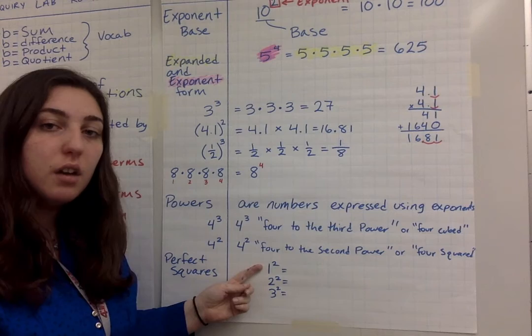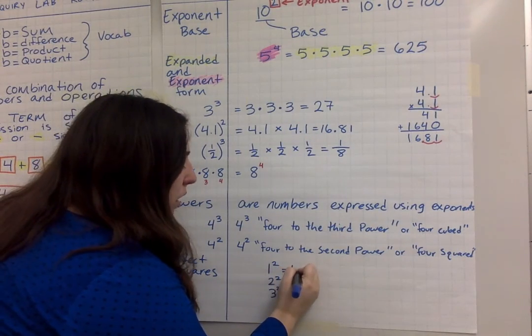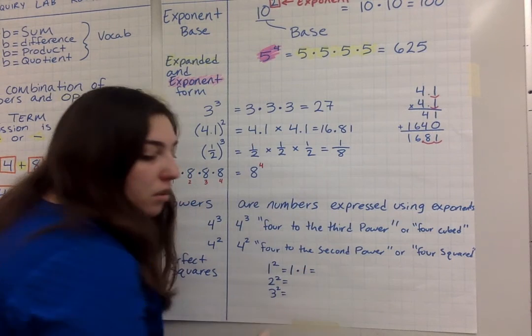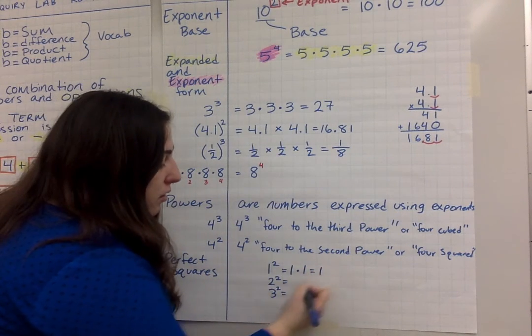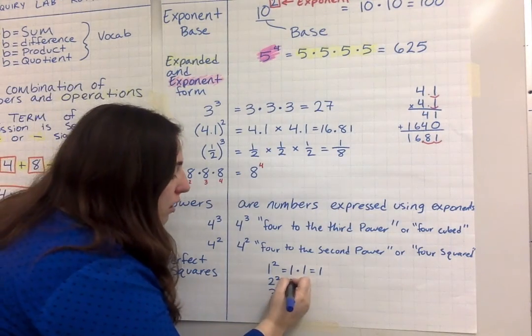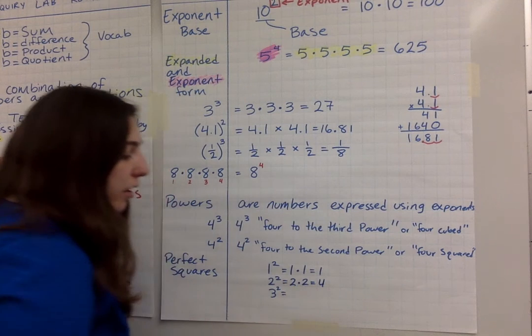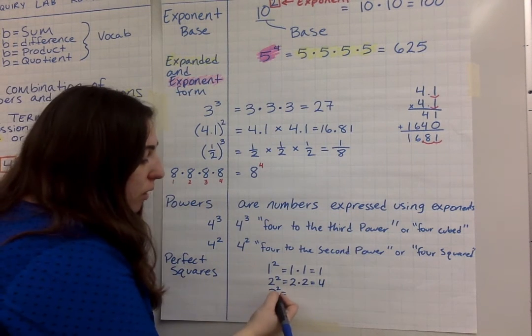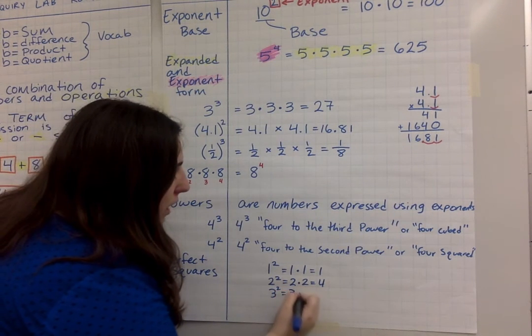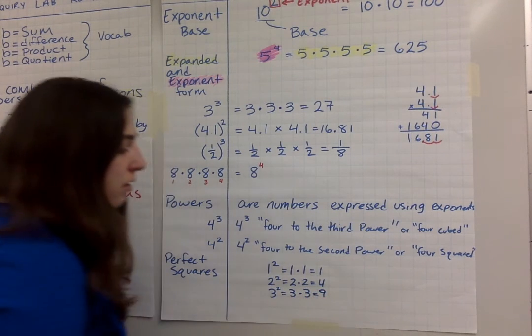So 1 squared, well, 1 to the power of 2 really just means 1 times 1, which is just 1. 2 squared, 2 to the second power, is going to be 2 times 2, and that's 4. 3 squared is going to be 3 times 3 is 9.